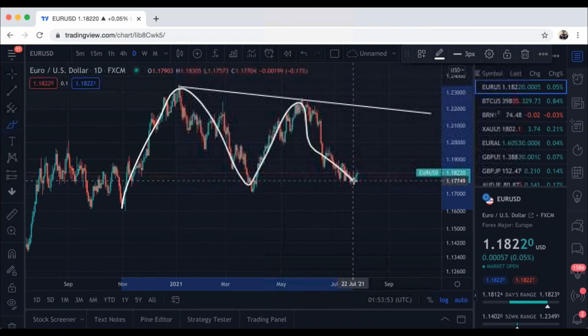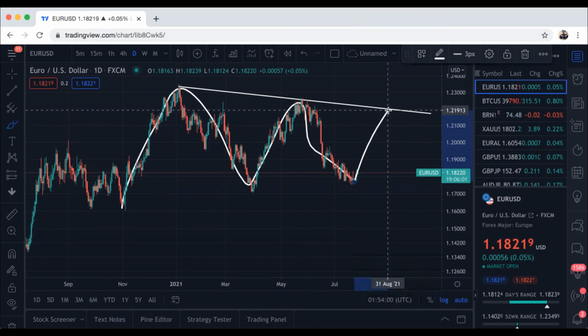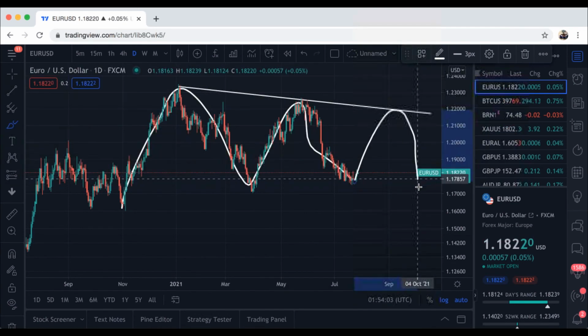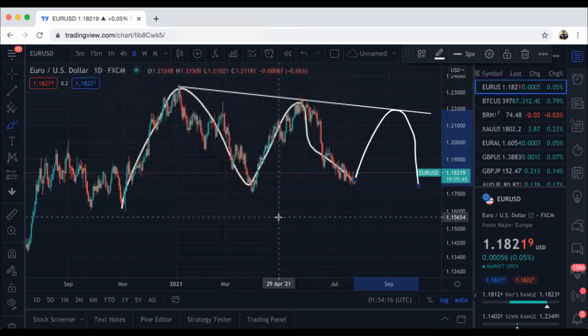So if the market gets here and it comes up like this, what do I know? That's a likely place in which sellers get involved. So all I'm doing is looking at, oh, that's a resistance. And all it's doing is the market is basically hitting a ceiling. It's like you throwing a ball, and it just stops every time it gets there. And when it gets there, it goes down.